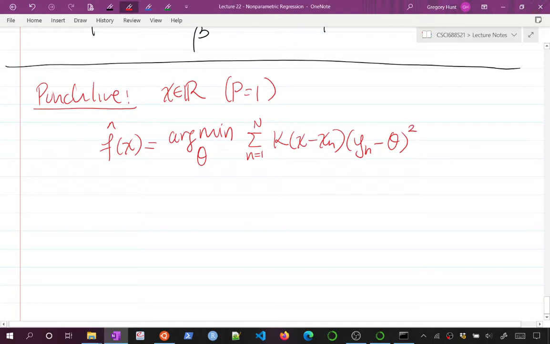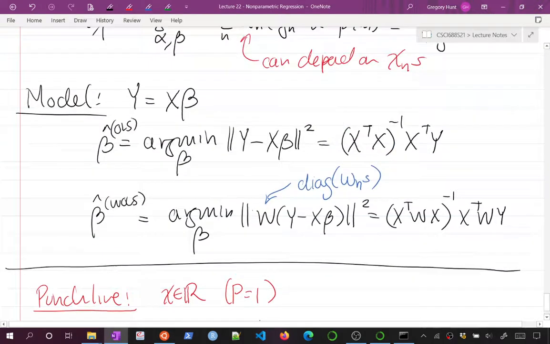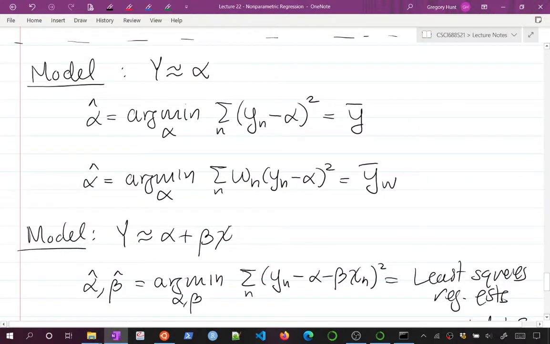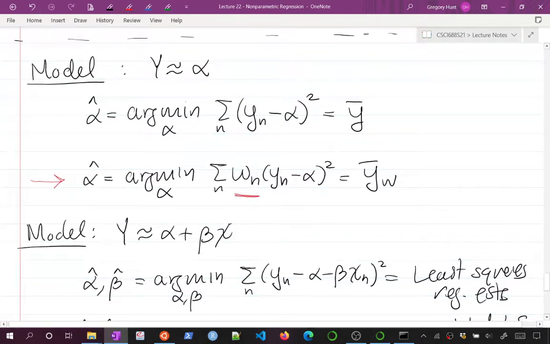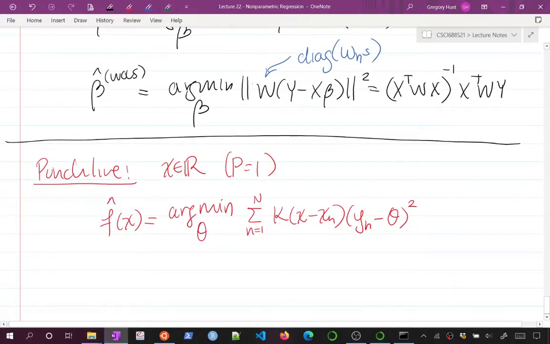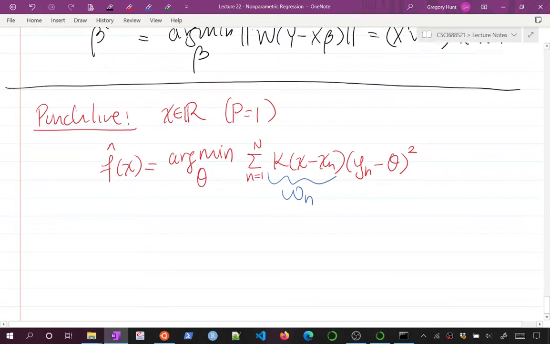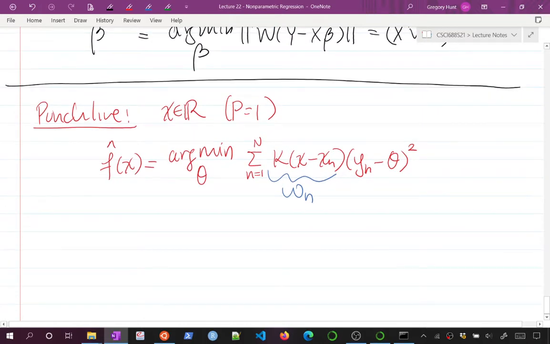If we go back up to this, it looks a lot like this, where our WNs are this K. So let's call these our WNs. This is a weird way of looking at it, but we'll see how it helps us generalize things.